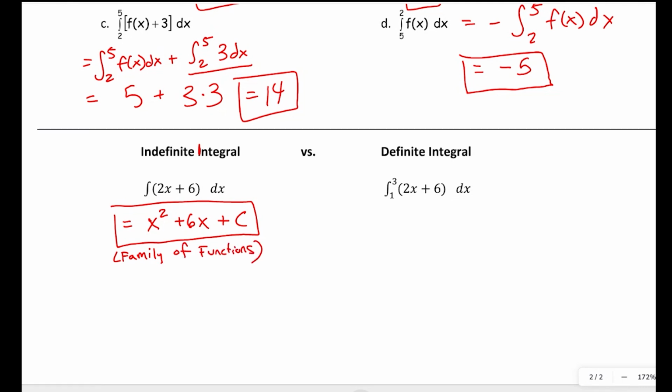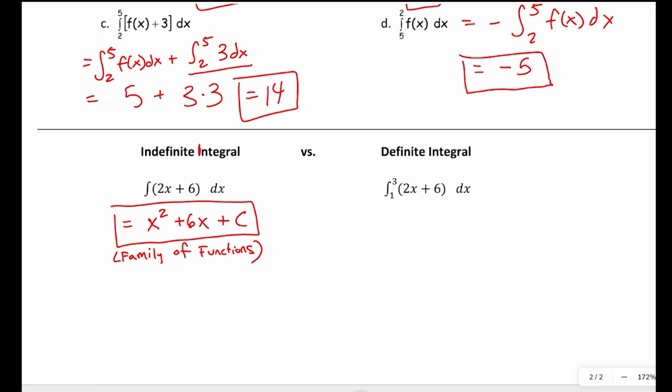The process of integrating an indefinite integral is the process of antidifferentiating. You are finding the family of antiderivatives. Versus a definite integral, which will actually equal a number.